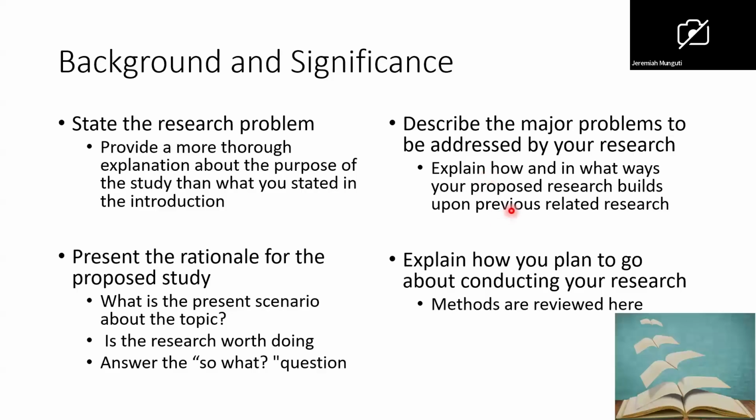Then describe the major problems to be addressed by your research. The example I'm using, the 5 disease entities that entail metabolic syndrome, for example. I'm going to pick out hypertension. I'm going to pick out dyslipidemia. I'm going to pick out diabetes in these patients.